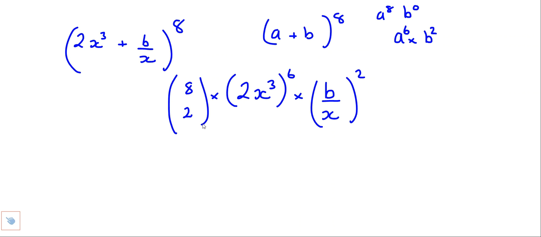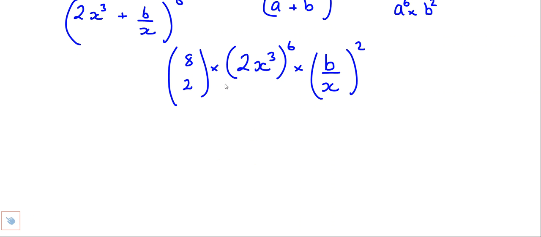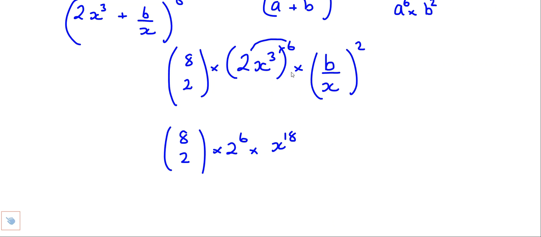That's the coefficient. So if I do this expansion now, okay, I'm going to leave 8, 2 for the moment because it's not as simple. But I would do 2 to the power of 6, alright, times x to the power of 18, and then I'm going to times that all by b squared over x squared.